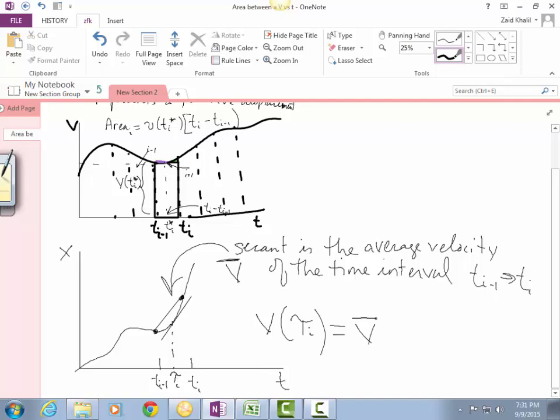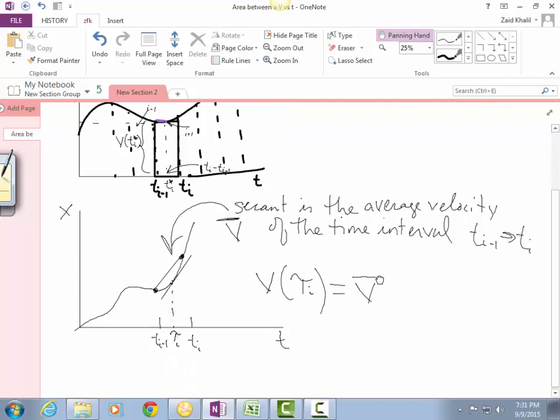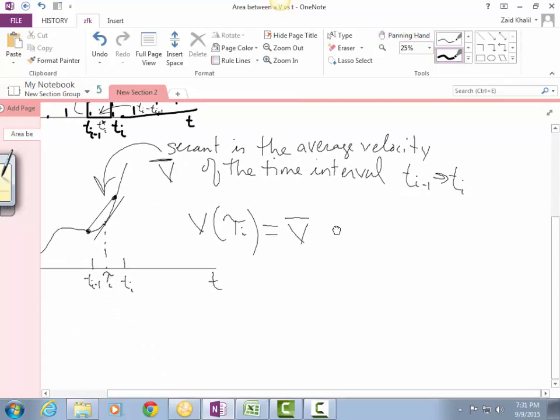So now we need to actually take a close look at what average velocity is. Well, what is the average velocity? In that time period, it's going to be the change in position.